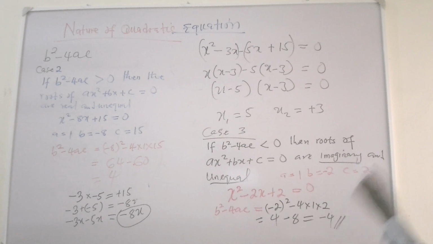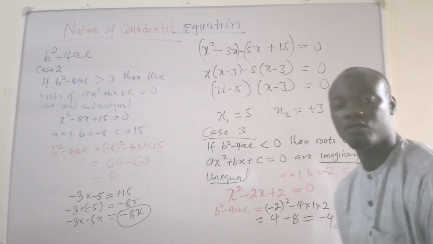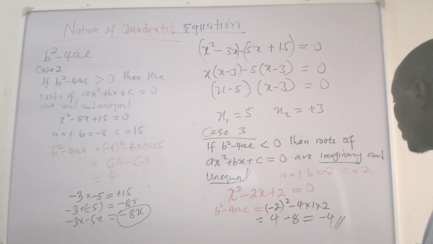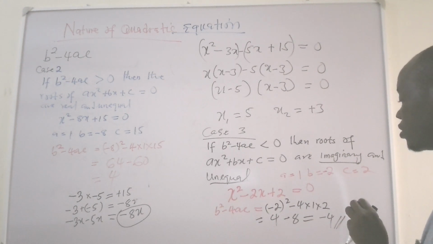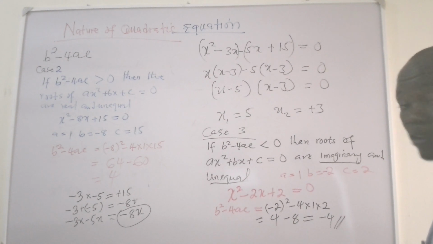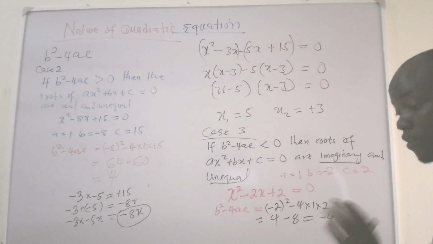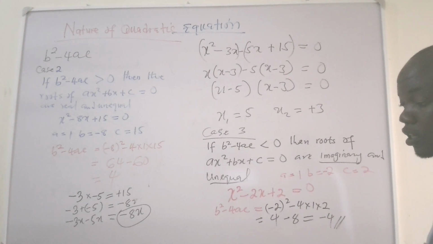So now, since it is less than 0, you can't even start thinking of using the factorization method to solve such a problem, because if you use it, it will become very complicated, and in fact it's not even possible.